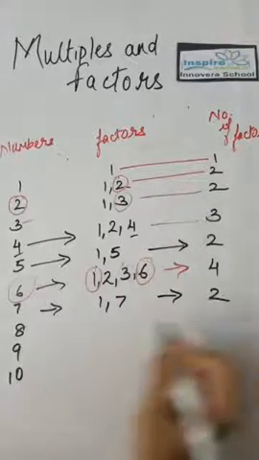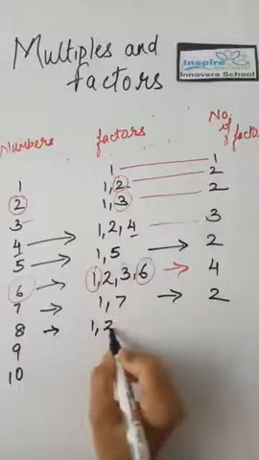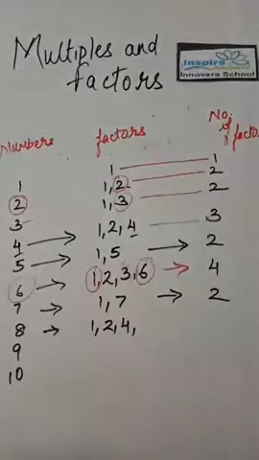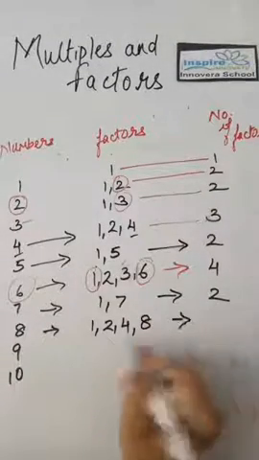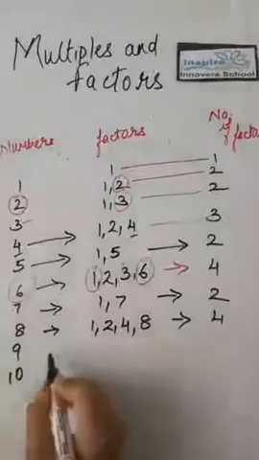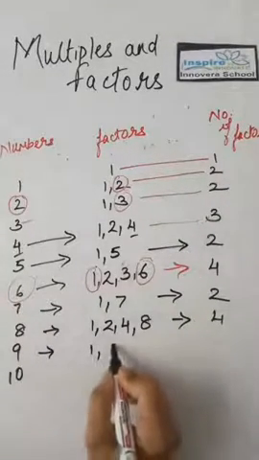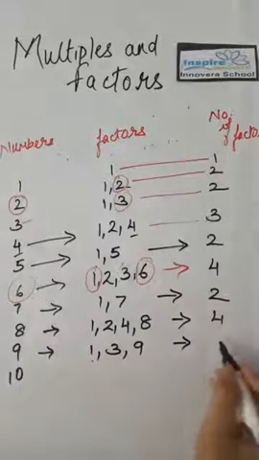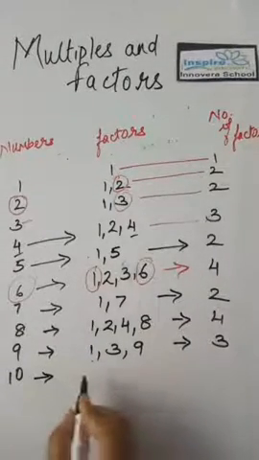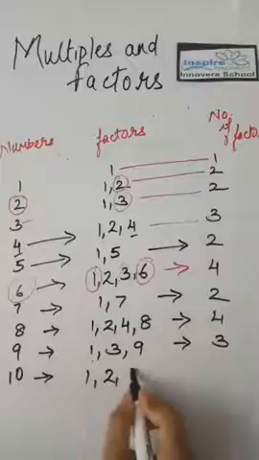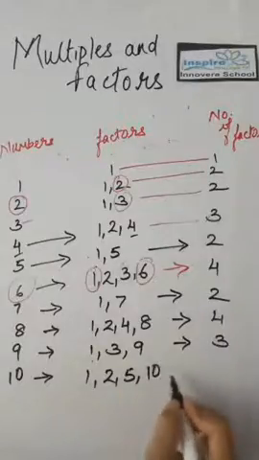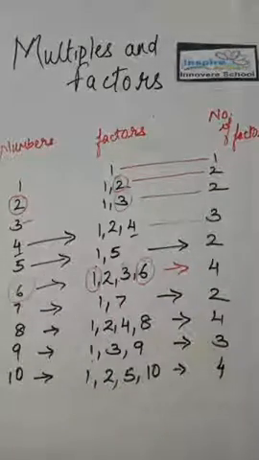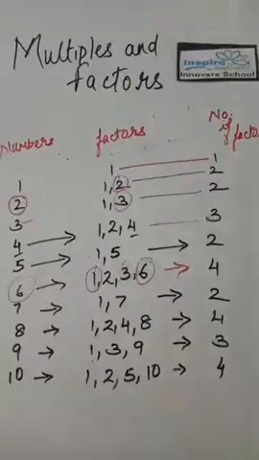Again here we get 2. Now 8, 1 will come, 2, 3 no, then 4, then itself 8. 1, 2, 3, 4. Then 9, it will go in 1, 3, and again in itself 9. How many factors? 1, 2, 3. The number of factors is 3. Now 10, it will go in 1, 2, 5 and itself. So 1, 2, 3, 4. So 4.